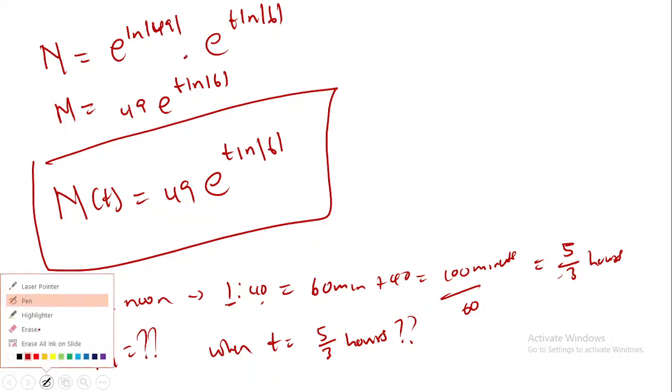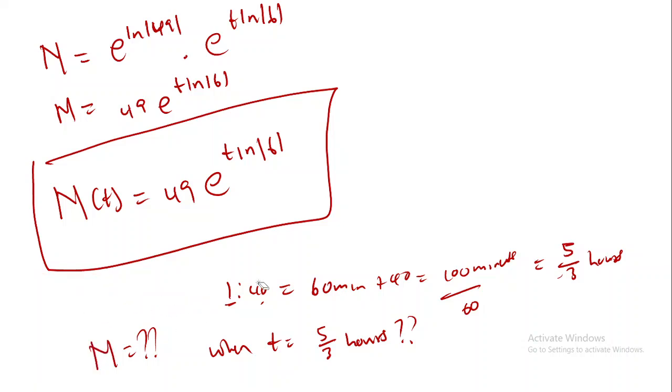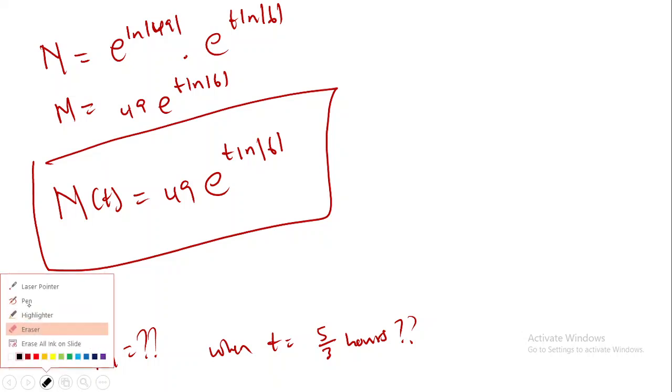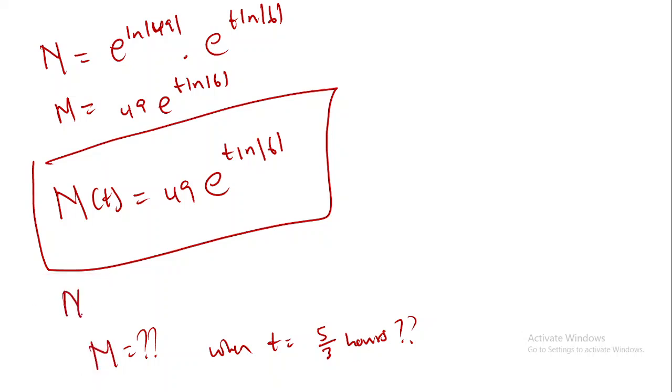We have already calculated the formula for N of t. So they're looking for N when time is 5 over 3, and then we're going to substitute t with 5 over 3 in the formula, and then let's press our calculator.